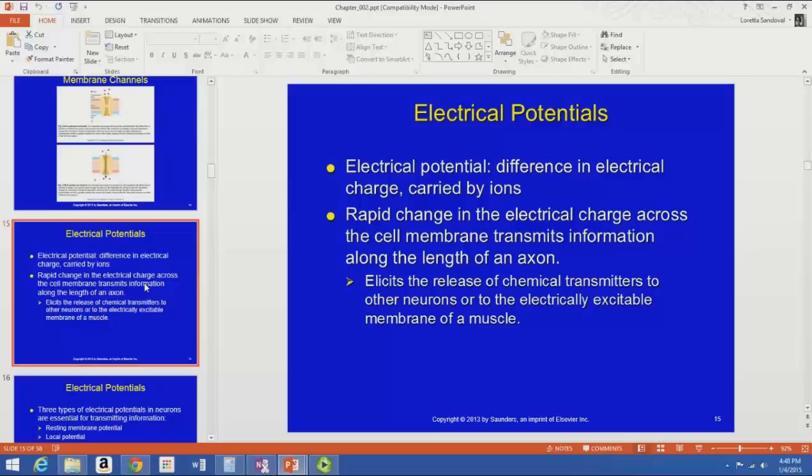It's the same thing when it gets to the end of the axon at the neuromuscular junction. When it gets to another neuron, you can release those chemical transmitters to excite that neuron, but you can also release chemical transmitters, acetylcholine specifically at the neuromuscular junction, to change the potential, the electrically excitable membrane of the muscle.